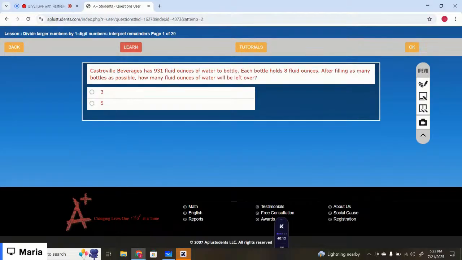Stroville Beverages has 931 fluid ounces of water to bottle. Each bottle holds 8 fluid ounces. After filling as many bottles as possible, how many fluid ounces of water will be left over?